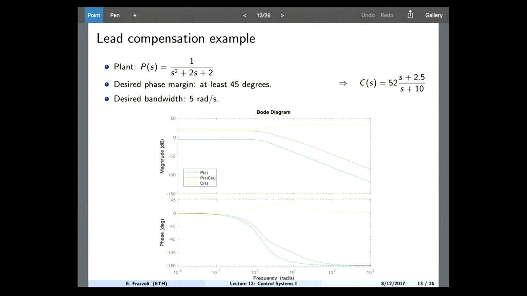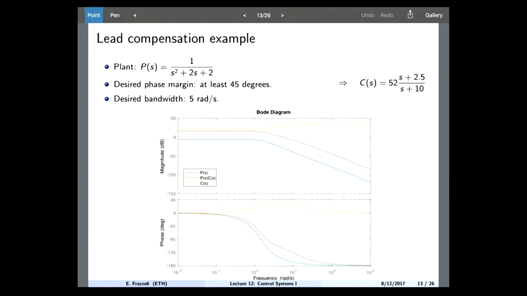Right, so essentially this doesn't give me the desired bandwidth. As you see, actually, you never cross over, right? So the bandwidth will actually be very slow. I want the bandwidth to be 5 radians per second, so what I can do is shift the whole thing up by increasing the proportional gain.